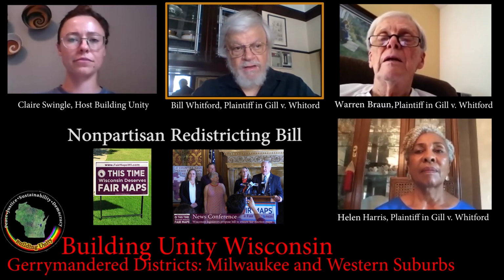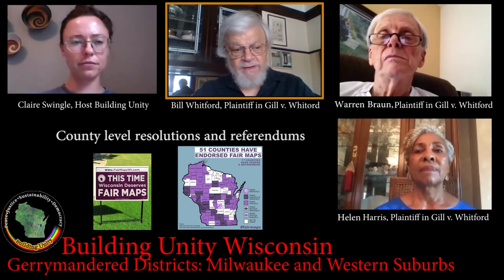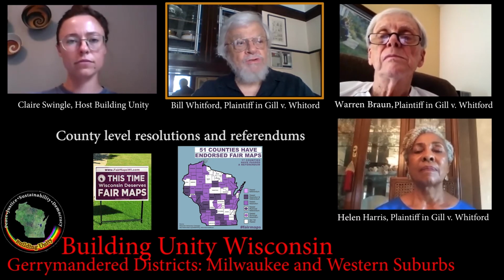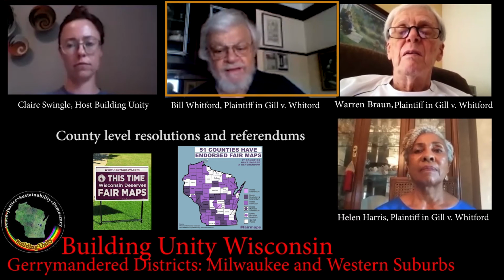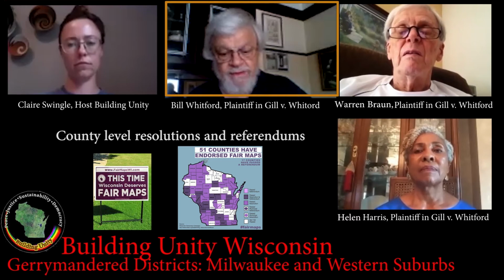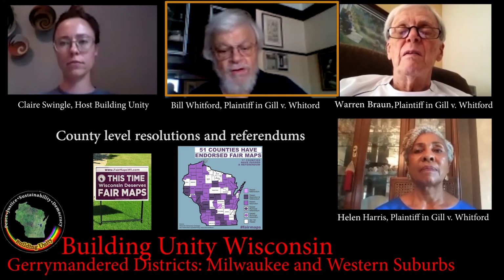There has been an effort at the county level to show that there's a lot of public support for this bill. At the county board of supervisors levels, there have either been resolutions passed in favor of the nonpartisan redistricting bill, or the county board of supervisors has offered actual advisory referendums for votes.